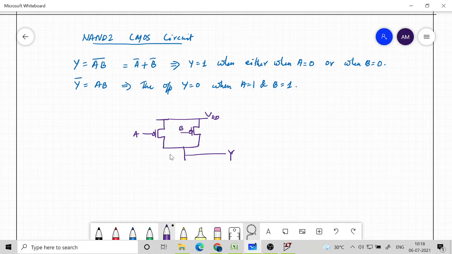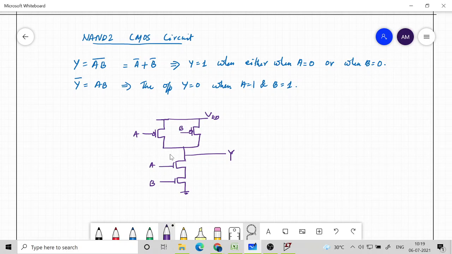Now whenever we want 0 at the output, PMOS transistors are not a good choice, so we use NMOS transistors, and the condition where it has to pass 0 to the output is when A equal to 1 and B equal to 1. So we need to connect the NMOS transistors in series for the AND condition. This is A and this is B. Now it's very clear.